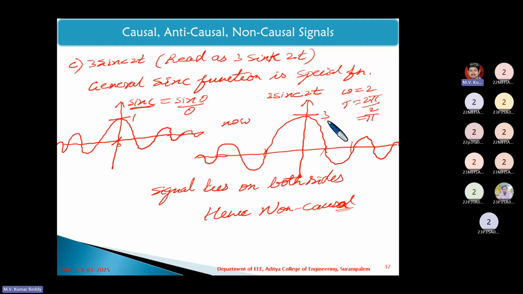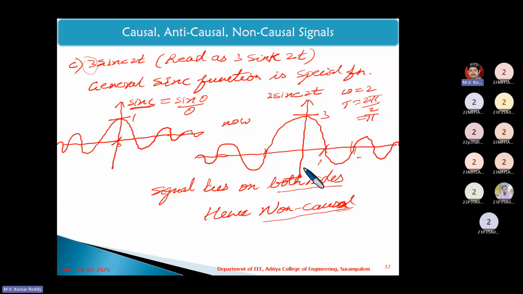Here the quotient is 3, so the value is 3. Next 2t, here also gradually decreasing. The waveform is on the left side and right side, so we have signals on both sides, then it is called non-casual.